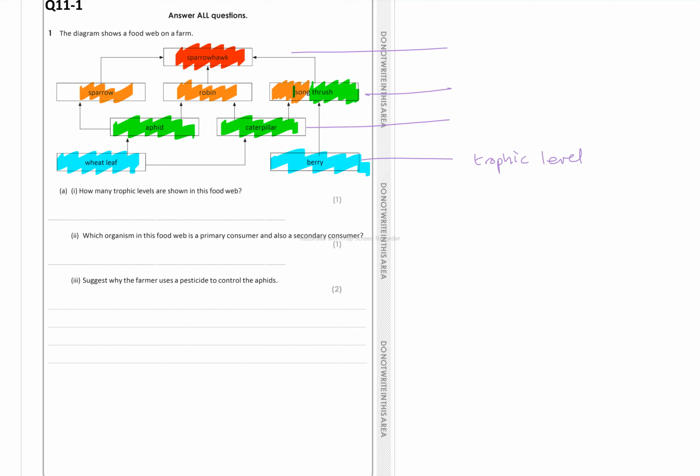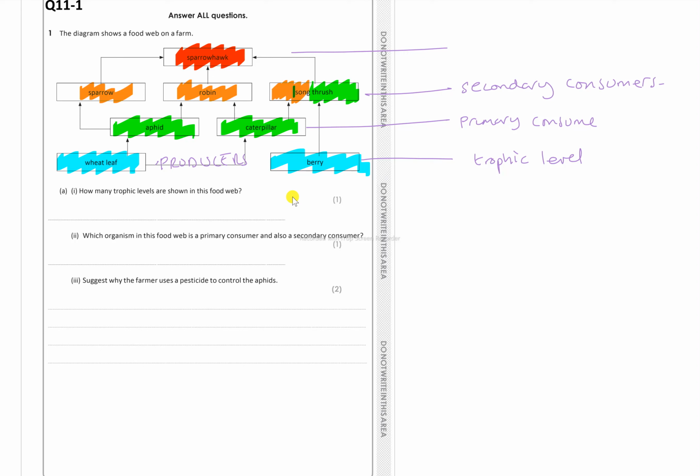Here you've got the producer. So this level here, you've got 2 producers. This level here, you've got a primary consumer. These are secondary consumers.